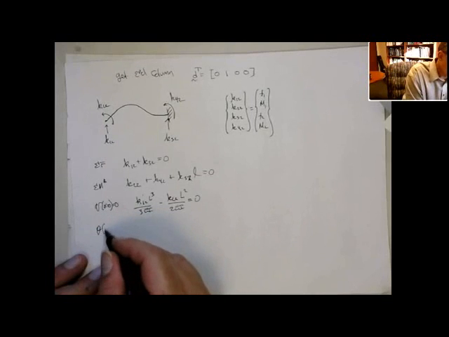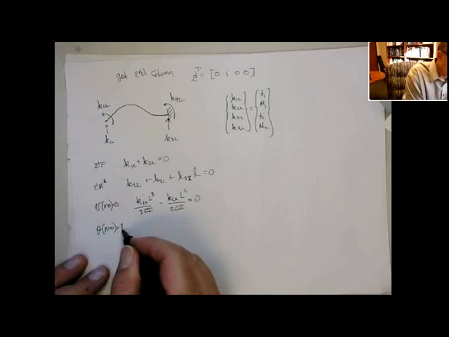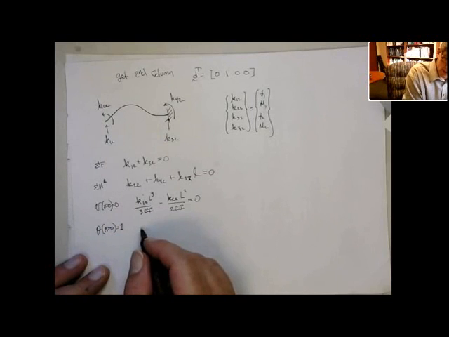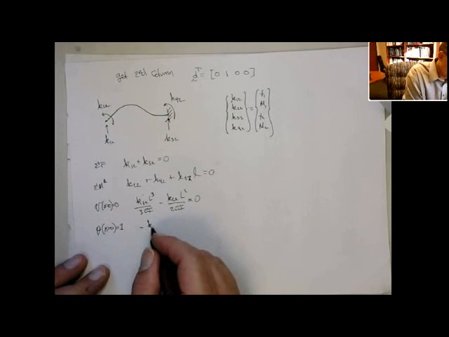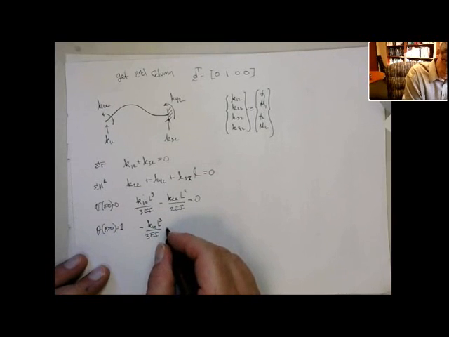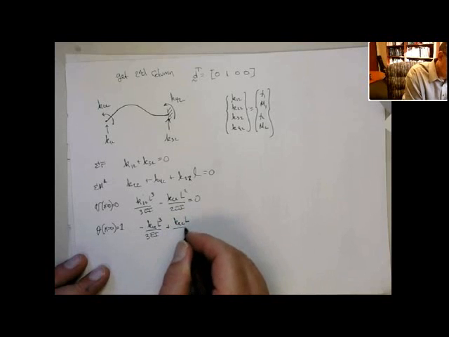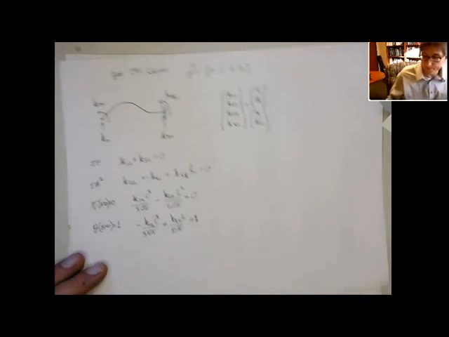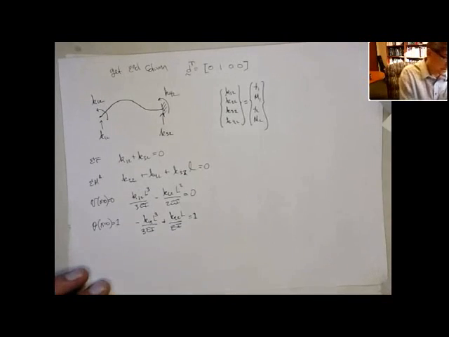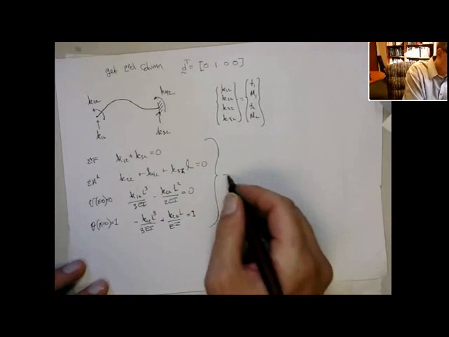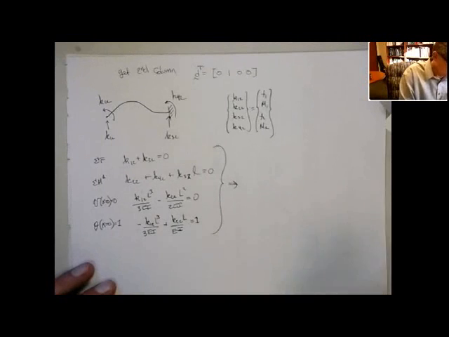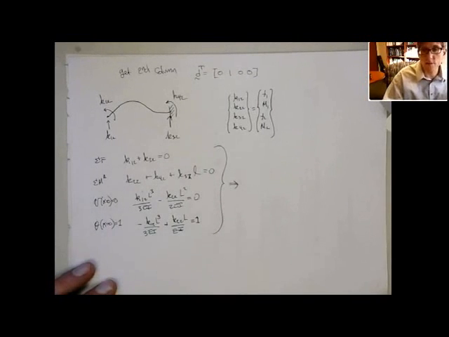Now the rotation at x equal to 0 goes to 1. And so that gives me minus K1,2 times L squared over 2EI, and the next term is a plus K2,2 times L over EI. That has to equal 1. All right, so those are the 4 equations. And now I'm going to solve those for K1,2, K2,2, K3,2, and K4,2.